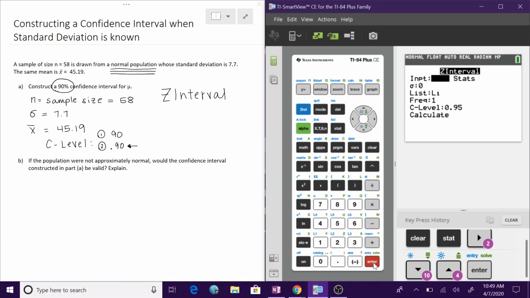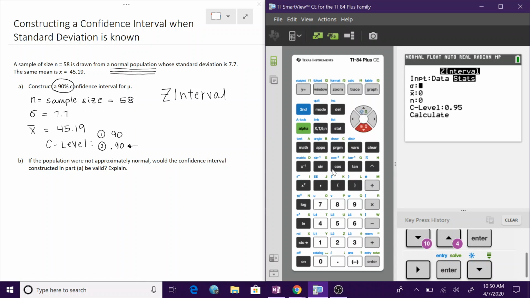Now, with our z interval, we have two types of inputs that we can do. We can either choose to put in some data or a list of numbers, and our calculator does all the calculations for us. Or we can go to our stats, and that's what we have. We have our sigma, we have our x bar, we have our n value, and we have our C level. And we just want to choose to put those in.